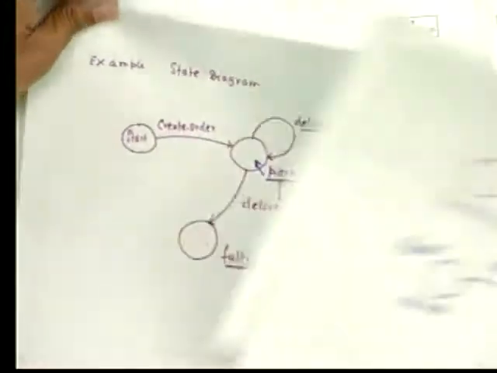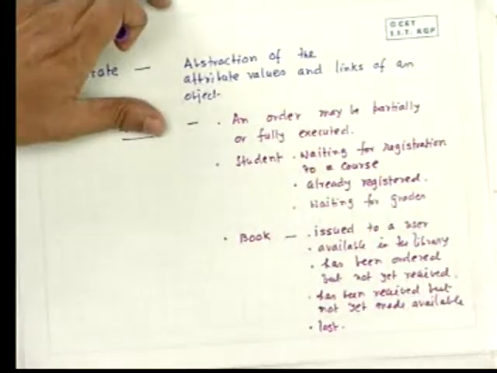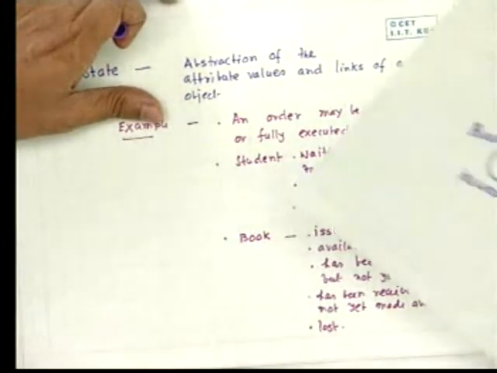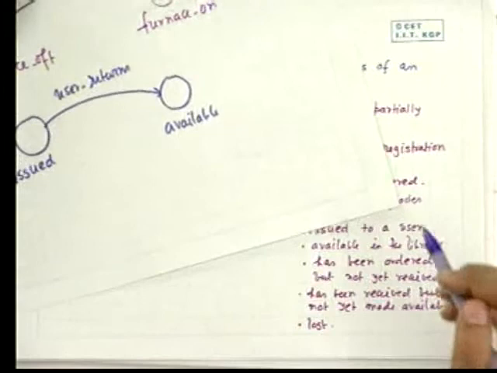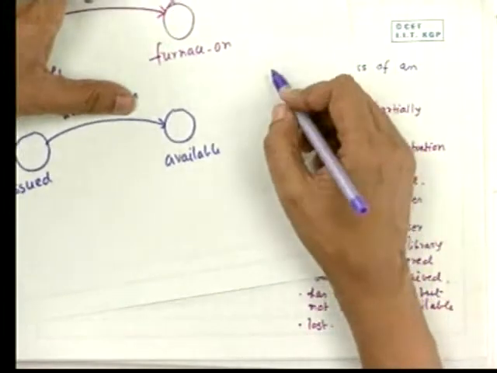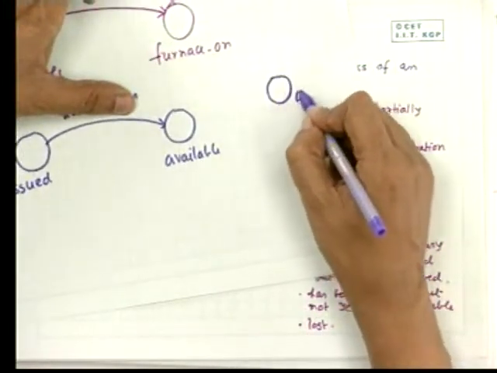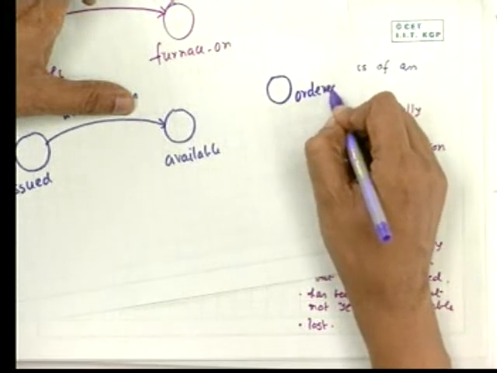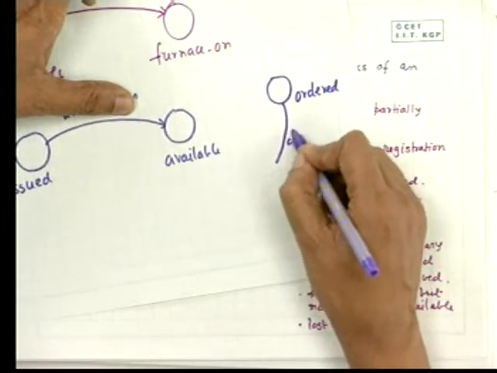Similarly, for other types of state transitions in the book case, let us take the case that the book is in a current state called ordered, and then delivery received.